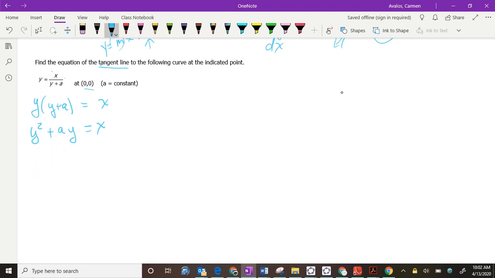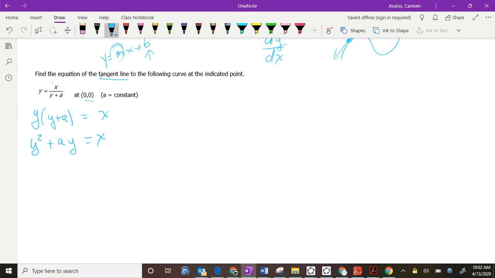When we're doing implicit differentiation with respect to x, anytime we have a y, we're going to have to use the chain rule. So we take the derivative of the outside, that's the 2, and then the 1 we don't need to write.